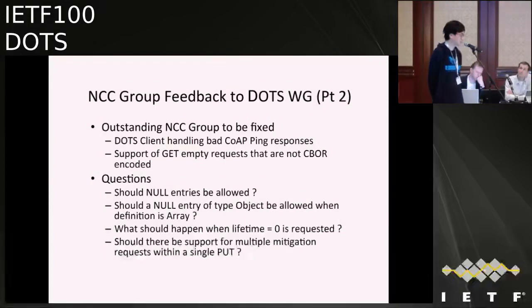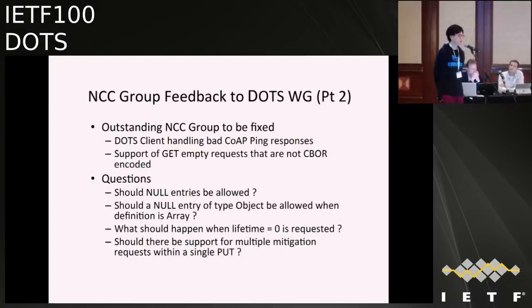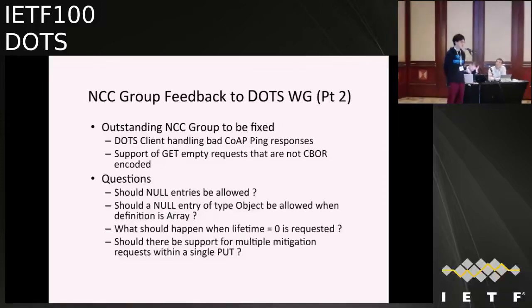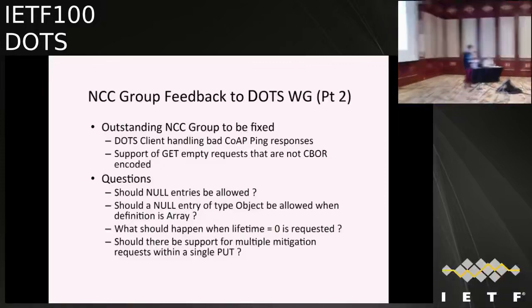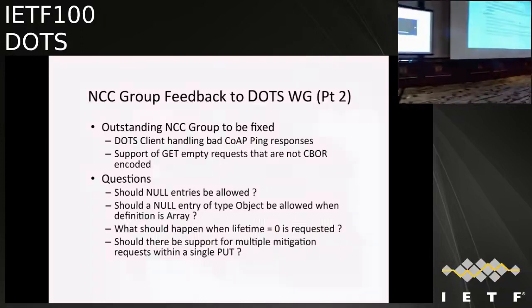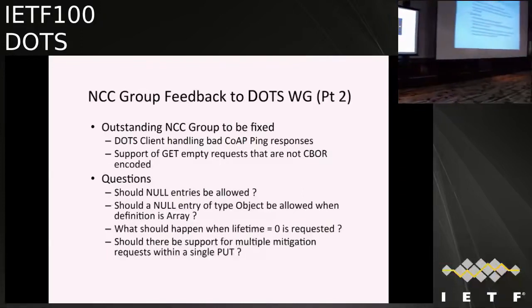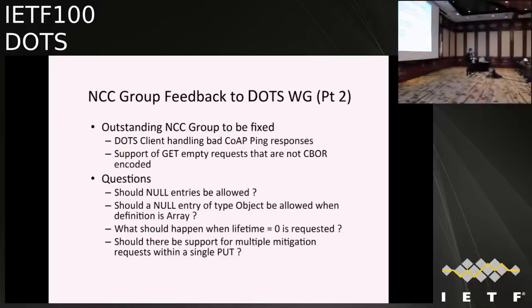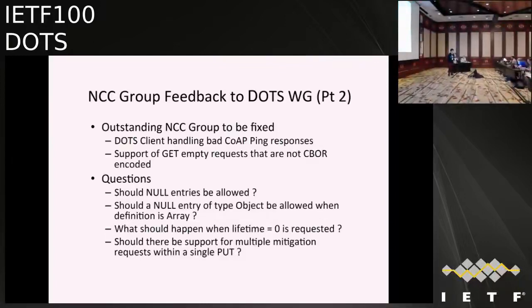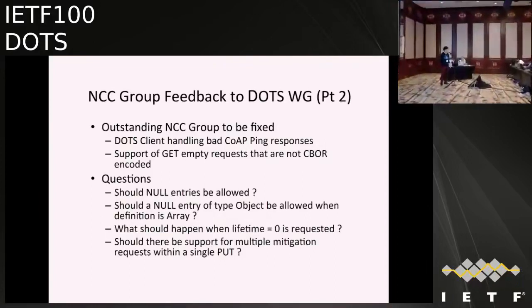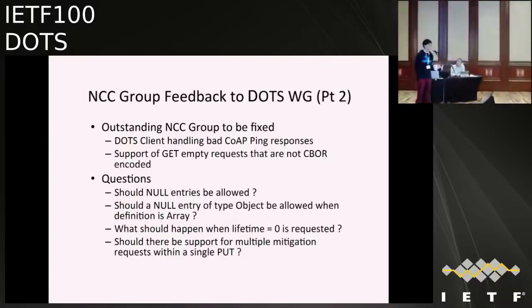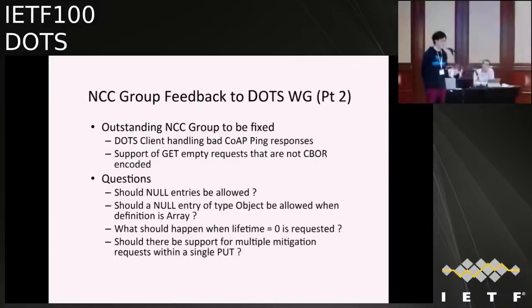The second question is about the lifetime in the request. We sometimes use requests which include a lifetime of 0. John's server treated a lifetime 0 request as follows: if the lifetime is 0 in the request, John set the lifetime of that mitigation request to the default value of his DOTS server.